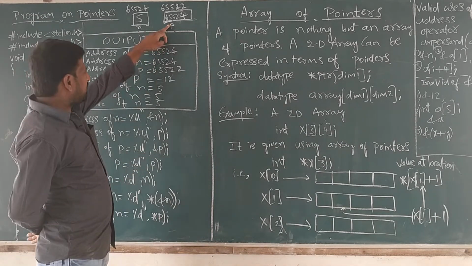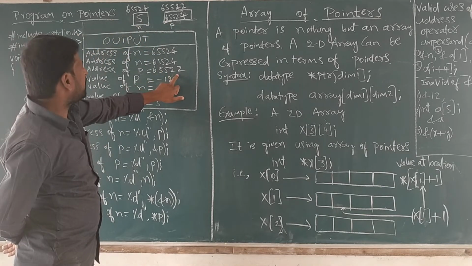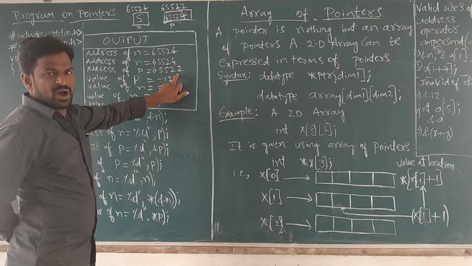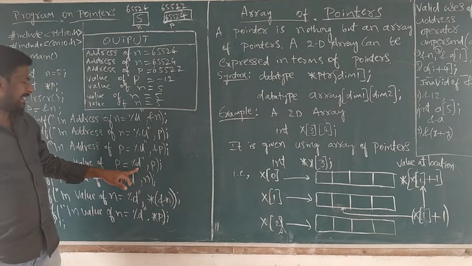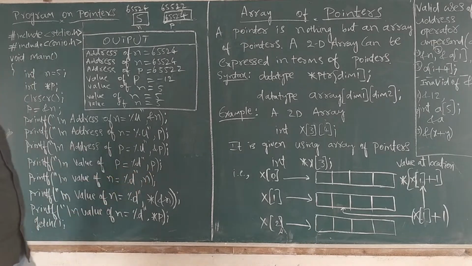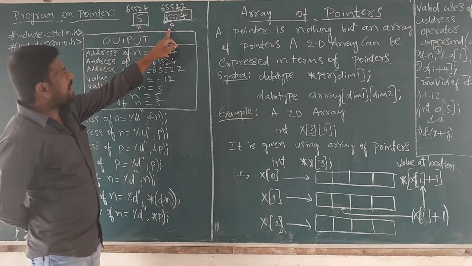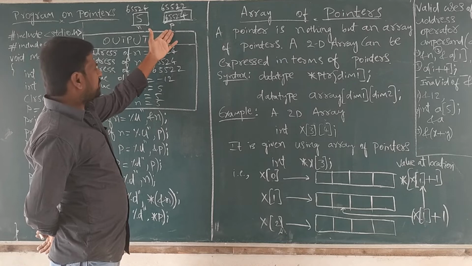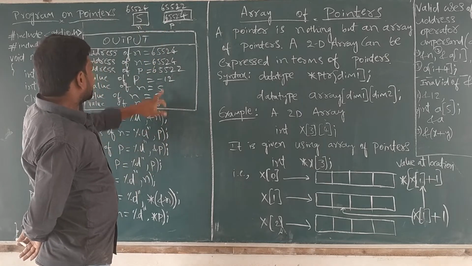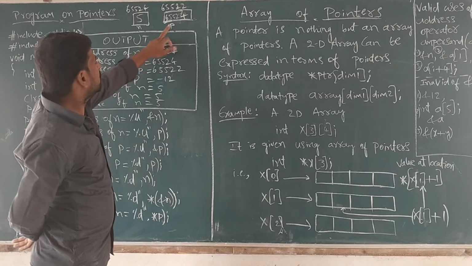P will have some address, that we can assume is 65522. Then value of p is equal to percent d p. It means directly we are printing the p value. P will have some value, that we cannot say exactly. Whatever value p has, that is the pointer value.